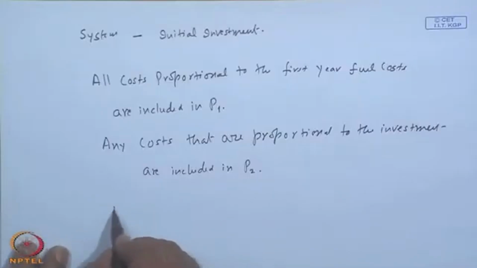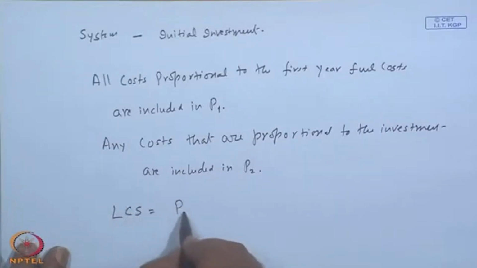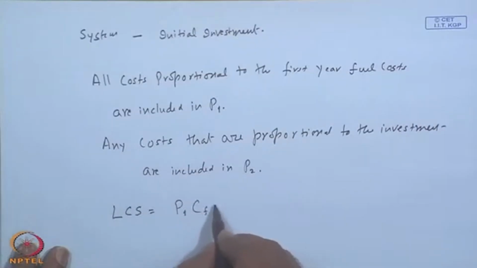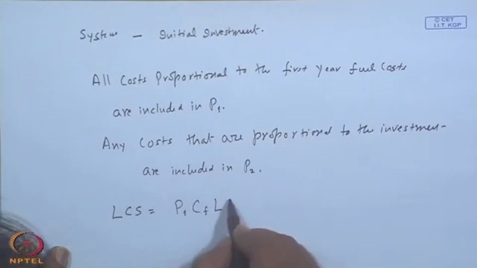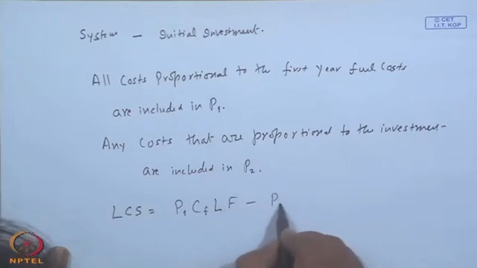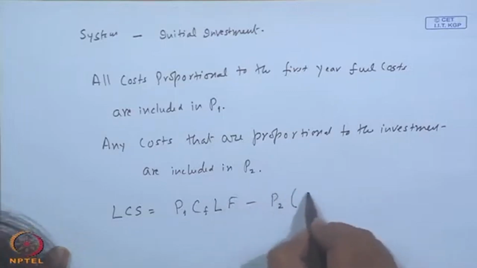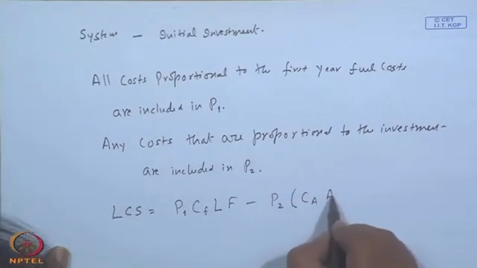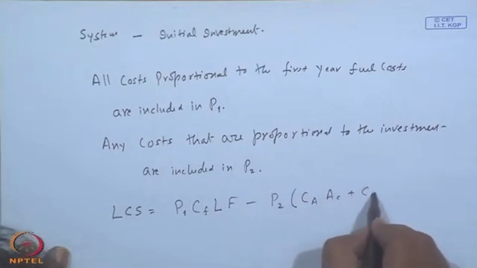So, life cycle savings is simply given by the parameter P1 CF times load and the load fraction F, minus P2 times CA AC plus CA.